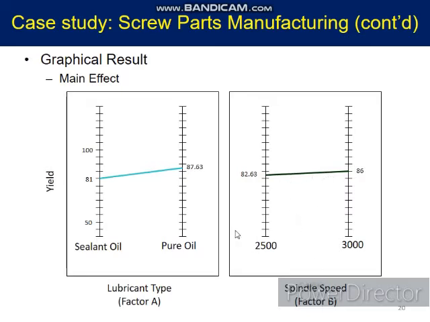This indicates that changing factor A from minus to plus will result in more change in the yield compared to spindle speed. Because of that, factor A, which is lubricant type, has a more significant impact on the yield compared to the spindle speed.